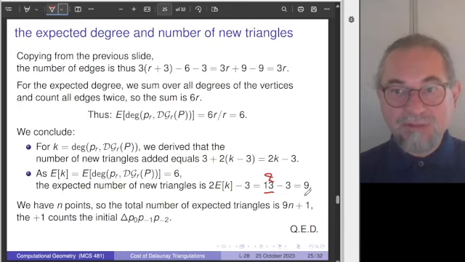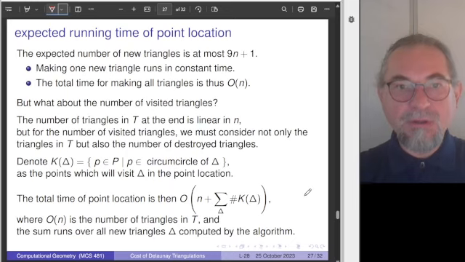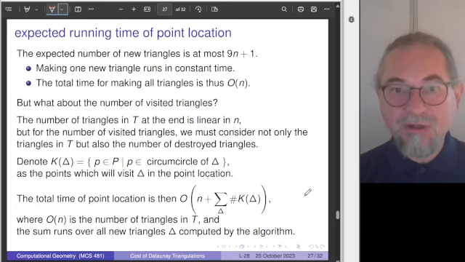So this does one part of the cost. If we add a new point, then the new triangles that are computed are linear in the number of points we have already. Okay, but that's not it yet. So we have to be careful with the point location.